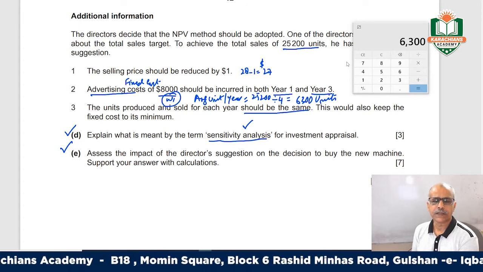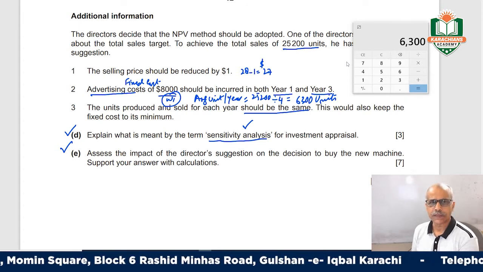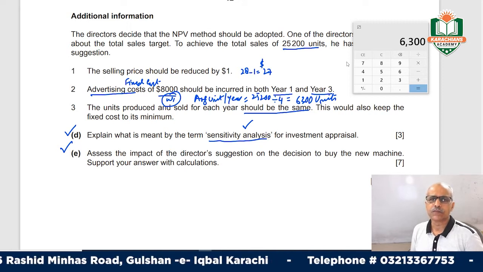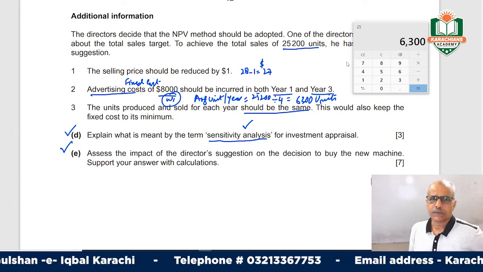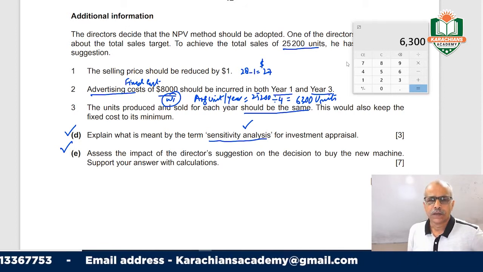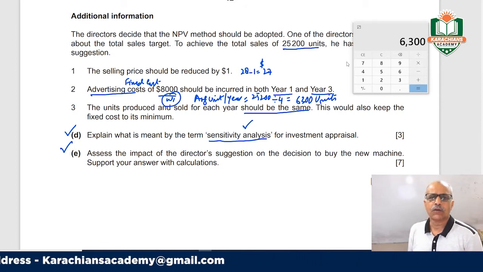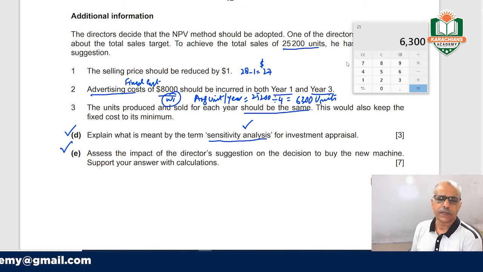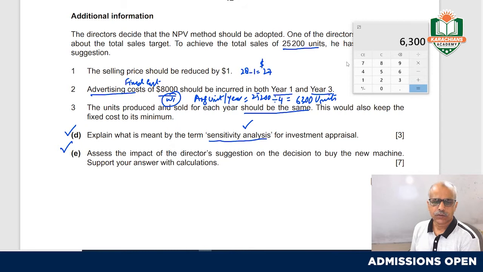He is making a scenario: if we reduce our prices by $1 and we invest more money on our advertisement, on electronic media, on social media, how will we be able to earn, and how will we be able to achieve our production sales volumes. So this is a scenario.